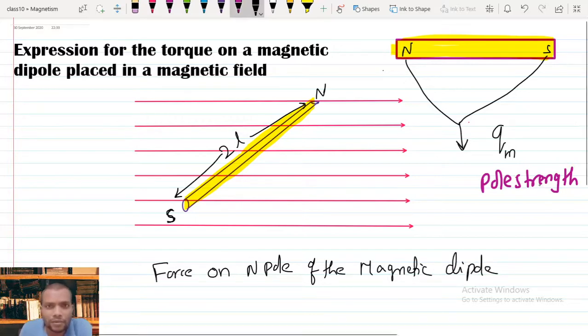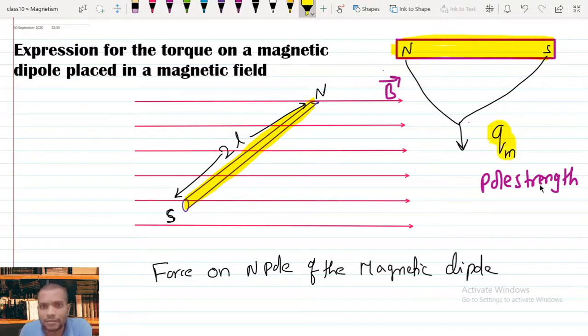To find the force, here we have only two things. One is the magnetic field direction, and another is what we called the magnetic pole strength. Now I am giving a formula that relates force, magnetic field and magnetic pole strength.